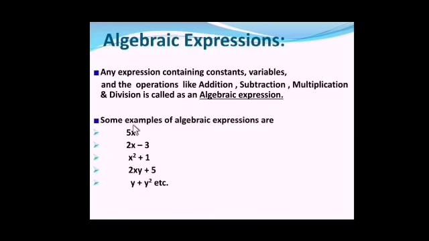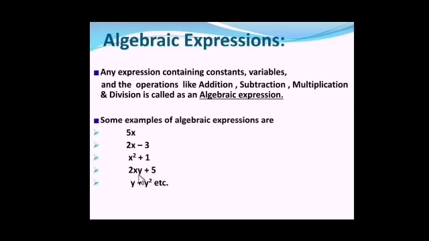So since it contains constant also, variable also and arithmetic operation also, therefore it is an algebraic expression. Here are few more examples of algebraic expressions like 2x minus 3, x square plus 1, 2xy plus 5.